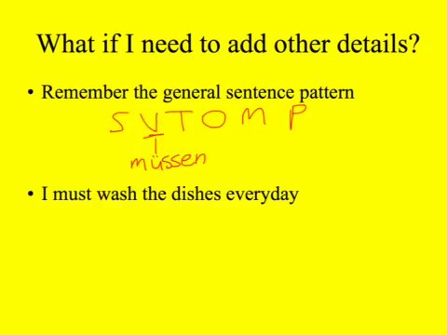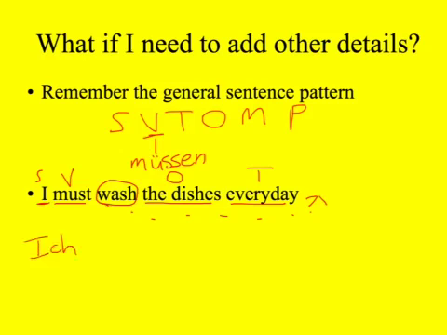So if we look at the example, I must wash the dishes every day, the I is our S, must is our V. Next we have our T. Can you remember what the T stands for? Time. And that's every day. Our object, the thing we're washing, is the dishes. And our wash is what's left. Remember, that's that other verb, and it has to come all the way around to the end in the en form.